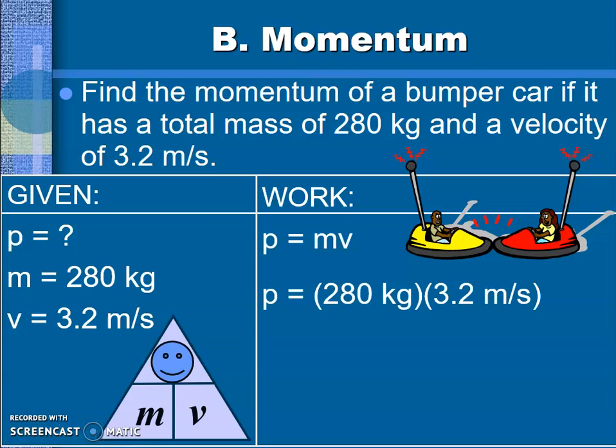Plug in those numbers, and then do the math. 280 times 3.2 is 896. None of my units cancel off because I'm multiplying, so I keep all my units, so it is kilograms meters per second. That is always the unit we want with momentum, so keep that in mind, because remember, we always have to have a number and a unit in order to get our credit.